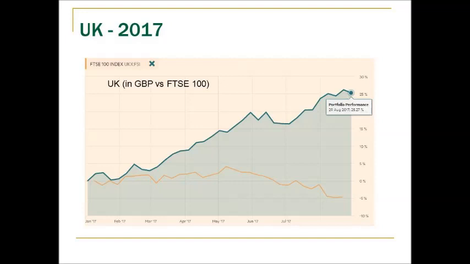What we can see on this graph is that the portfolio has been behaving very well in 2017, and even after the July results, which were already very good, the value of this portfolio has still increased over the last 2 months, while the index, the FTSE 100, which is the benchmark for this market itself, has gone down. So our performance is very good this year.